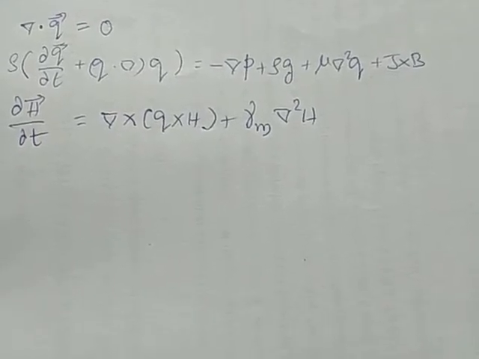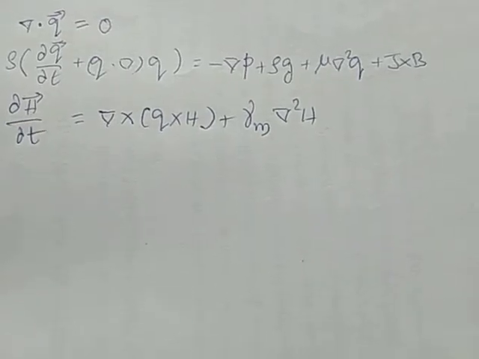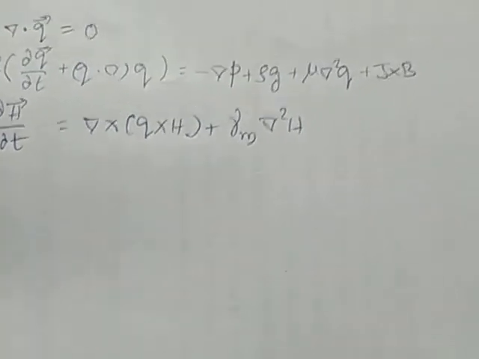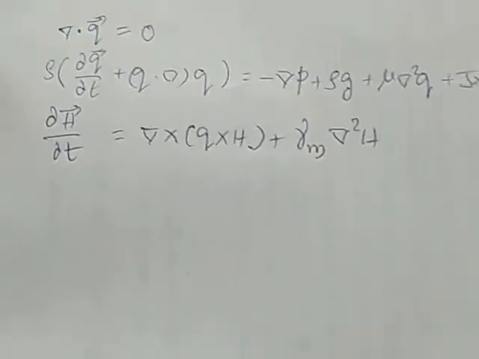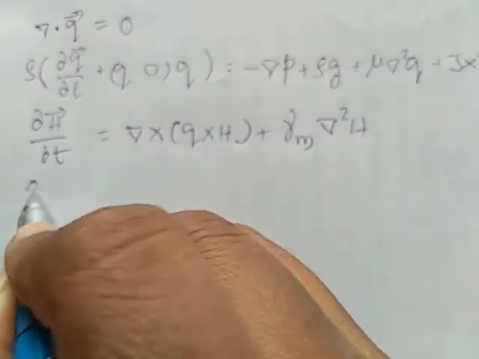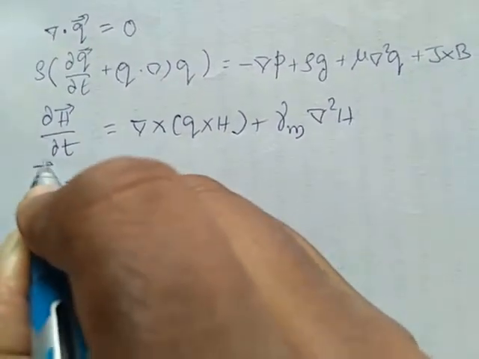Now we are dealing with magnetostatics. It means the fluid is at rest. The fluid is at rest means velocity is 0, right? There is no motion, therefore fluid velocity Q is 0.